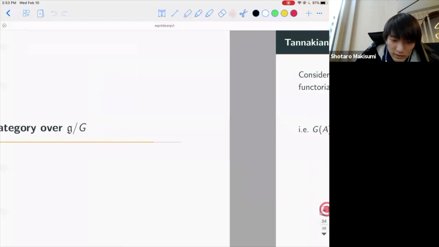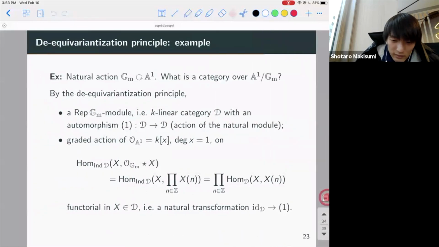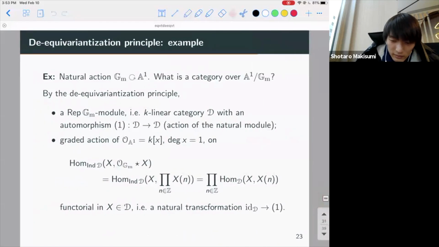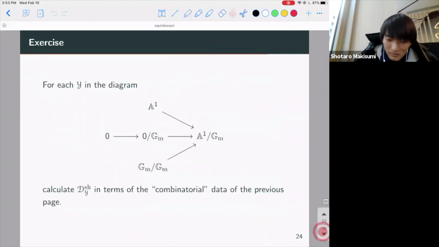Any questions? Maybe just to add to the worthwhile exercise, if you haven't thought about what coherent sheaves are on this stack, then do that first.